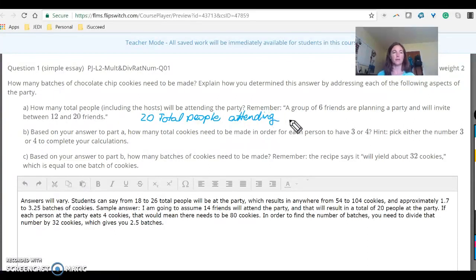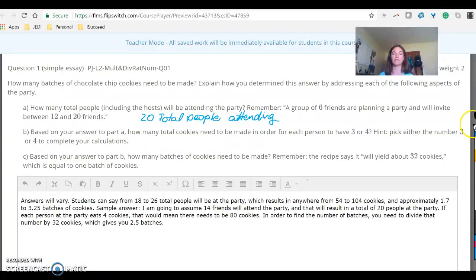Okay, so based on my answer to part A, how many total cookies need to be made in order for each person to have 3 or 4? So we're going to pick 3 or 4. And I really like cookies, so I'm going to say that each person is going to have 4. And I will also like to kind of plan higher.